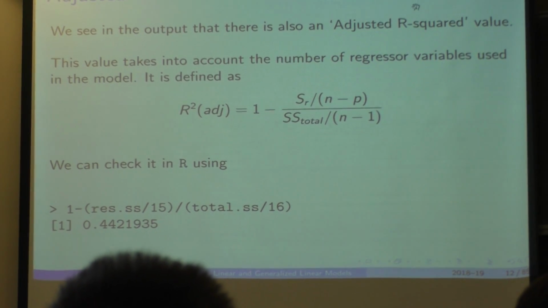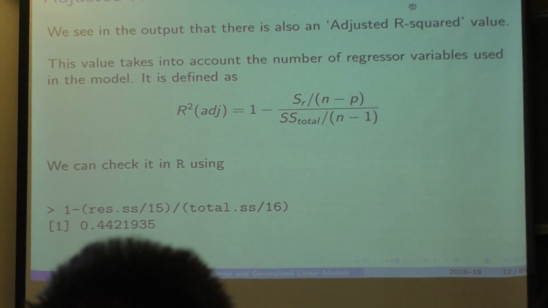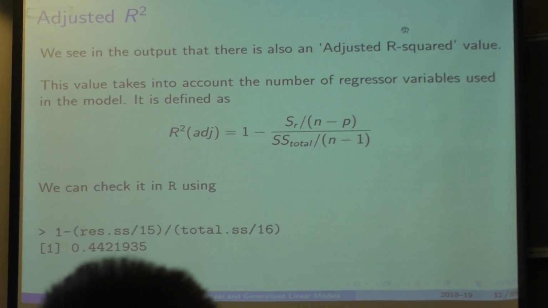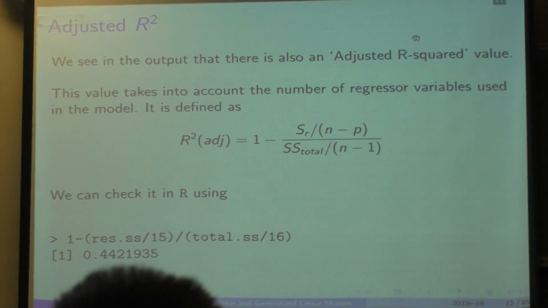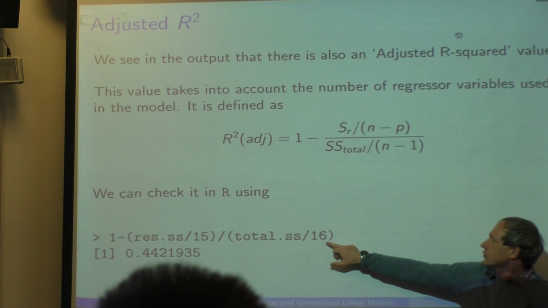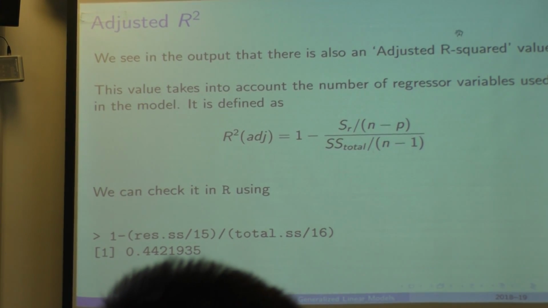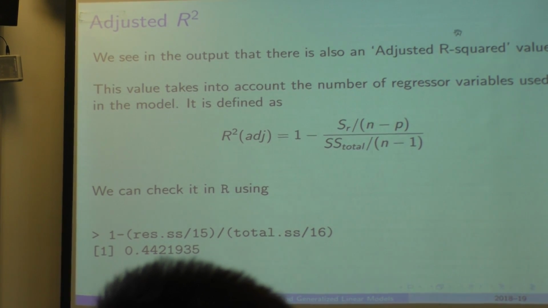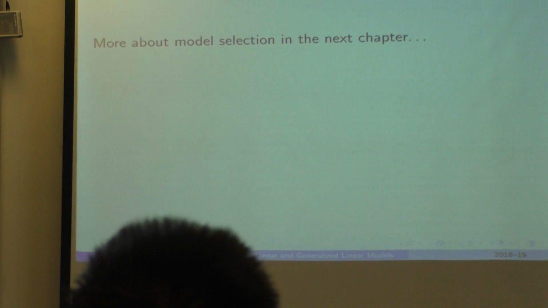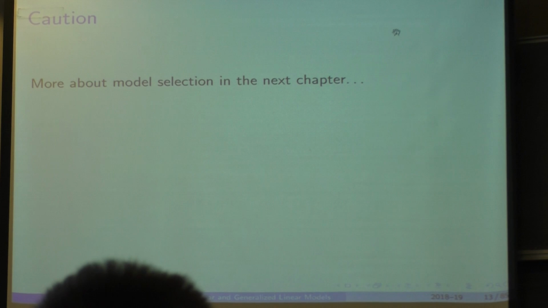For the tractor data as we've already seen it, it was just a simple linear regression, so it had two parameters, it had 17 data points, so we need to divide the residual sum of squares by 17 minus 2, and the total sum of squares by 17 minus 1. So that's where the 15 and 16 in that line come from.